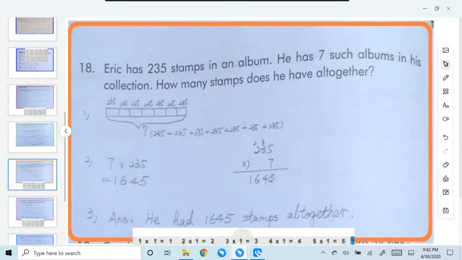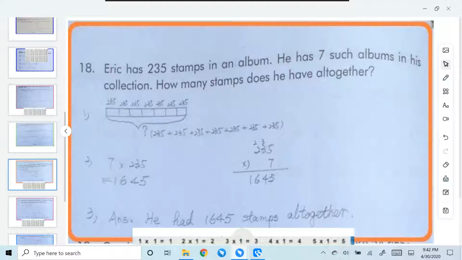So we can do add on, but it takes so long. Writing uses a lot of space and takes longer to calculate.